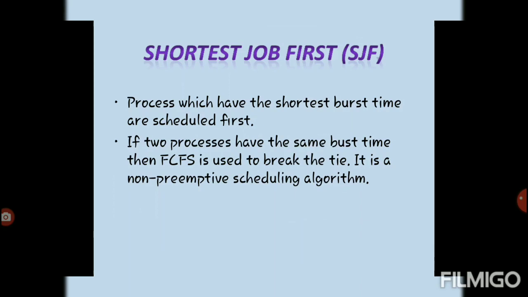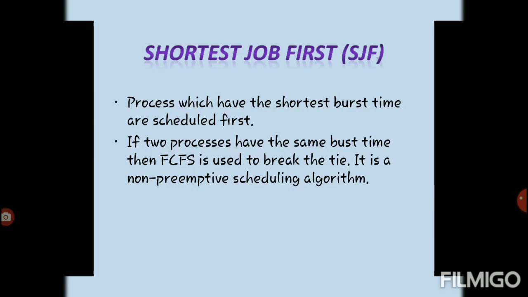By shortest, we mean here the length of the job, so which job takes the minimum burst time. Burst time is execution time. Maybe n processes are waiting, for example 4 processes. For process 1, the burst time would be, for example, 5 minutes, for the second process it will be 4 minutes, for the third one it will be 3 minutes, and for the last one, the fourth one, it will be 2 minutes.